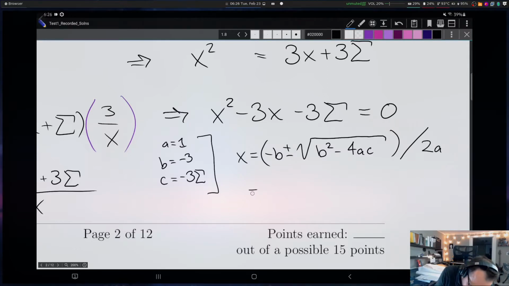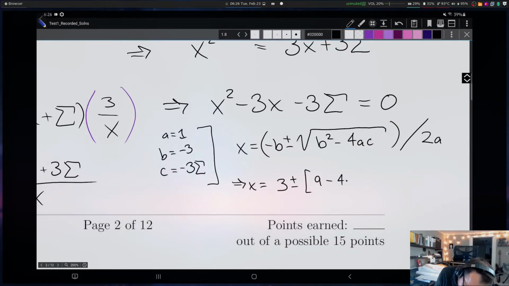So x is equal to negative b, so negative 3, so I'm seeing a positive 3. And there's a plus or minus. I'm going to put some stuff under a square root. So I want to see a b squared, so that's a negative 3 squared, which is a 9, minus 4 times a times c, so that's 4 times 1 times whatever c is, so c was negative 3 sigma.